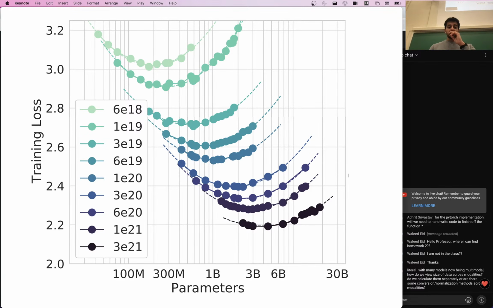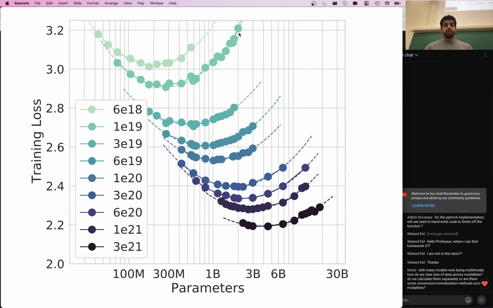So you can see the x-axis here is the model size from 100 million to 30 billion. And one conclusion from this plot is that the bigger model is not always better for a fixed compute budget, right? So the biggest model trained is always the one to the right of each curve. You can see that in no case is the bigger model the best model.